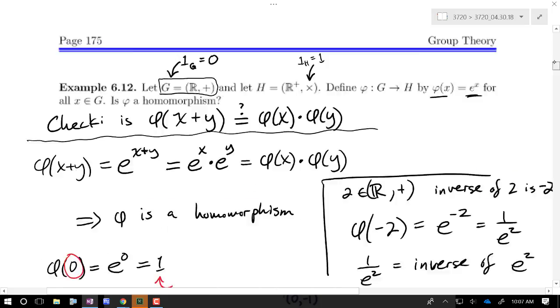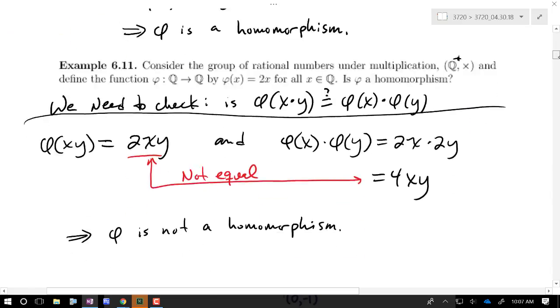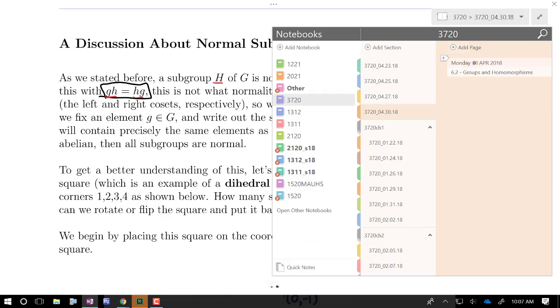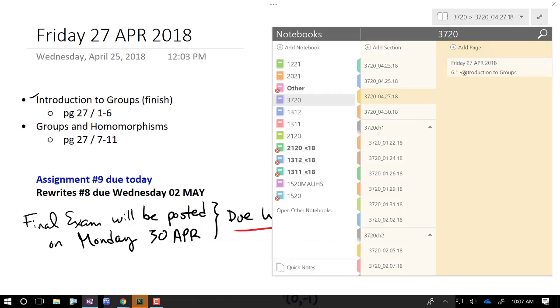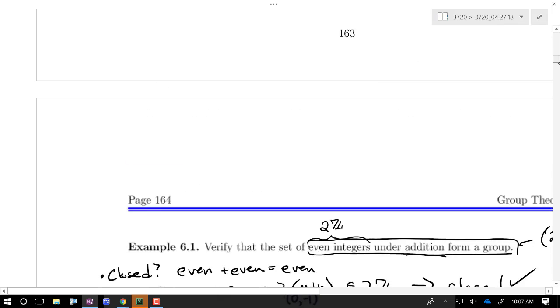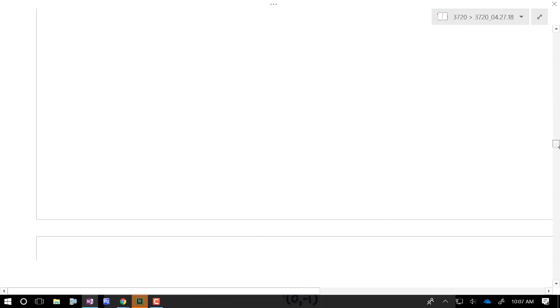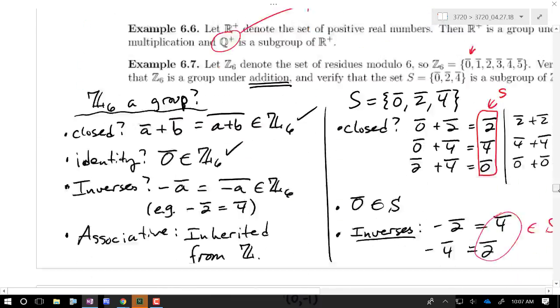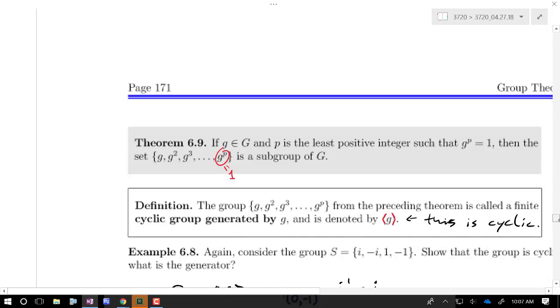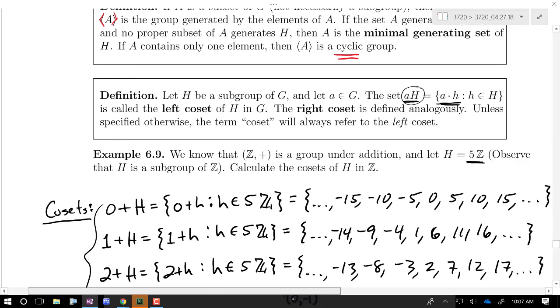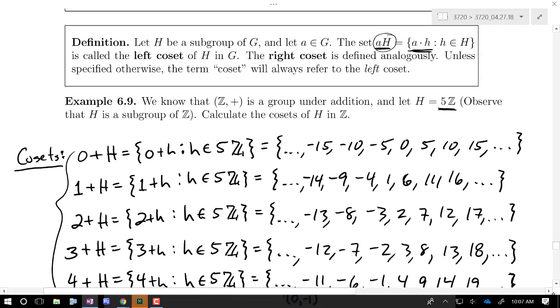So for example, if we scroll back, where did we? We found cosets. Let me find the example. Oh yeah, okay. So here we found the left cosets. We said that Z under addition was a group, and that it had a subgroup 5Z, all the multiples of 5.